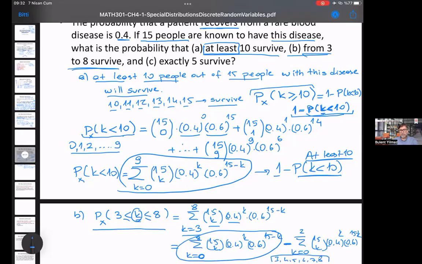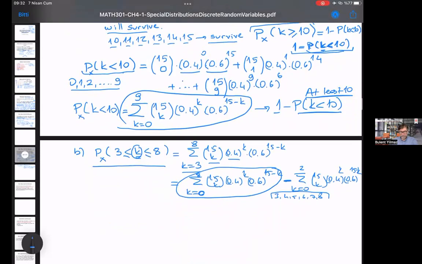Do you understand, guys, this part? Do you understand that point at this time? So this notation, arkadaşlar, I will notate it like this.